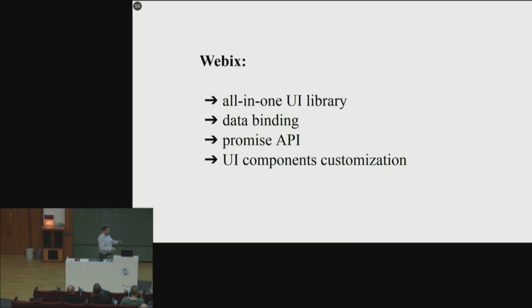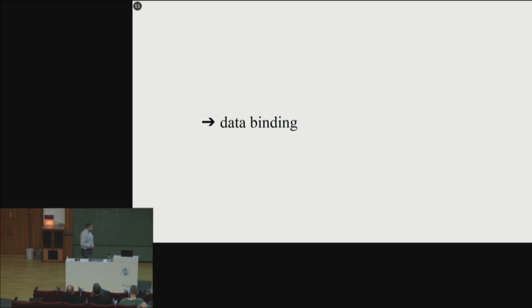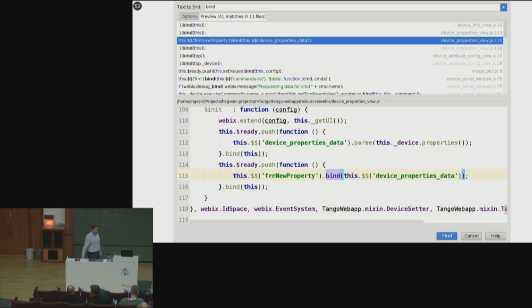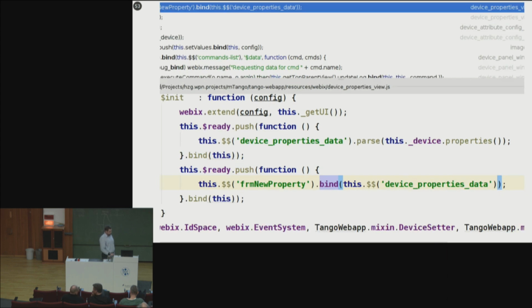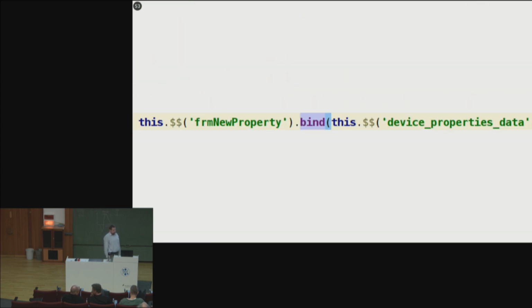You just write, please, I want to have a column and a couple of rows here, and I don't care how you render it, and it gives you a responsive interface and everything. So this is quite cool. Another important feature is data binding. If we look into the code, data binding is actually this single line of code.